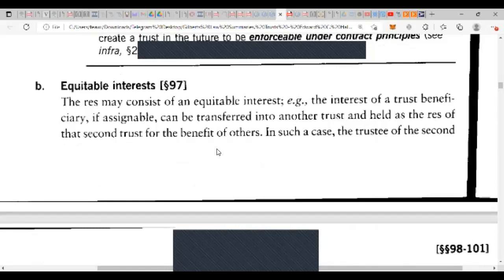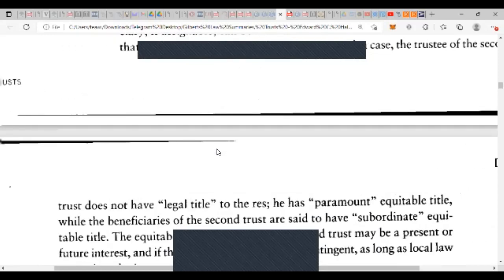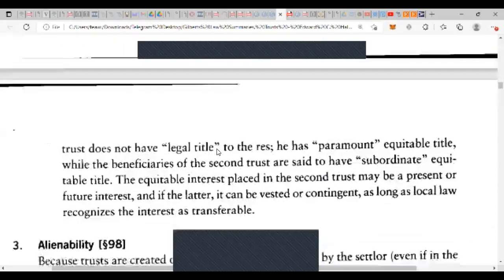B. Equitable interest, Section 97. The res may consist of an equitable interest, such as the interest of a trust beneficiary, if assignable, can be transferred into another trust and held as the res of the second trust for the benefit of others. In such a case, the trustee of the second trust does not have legal title to the res.